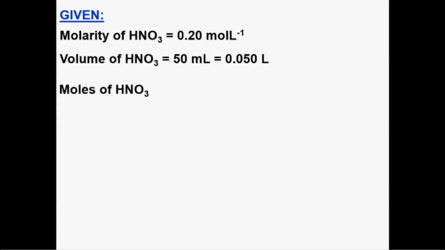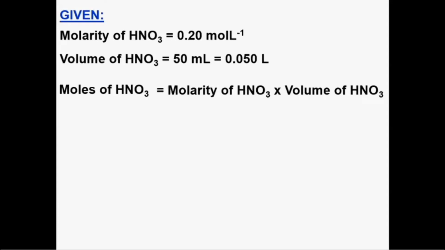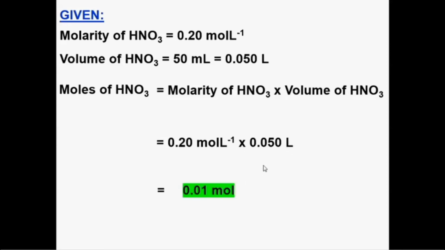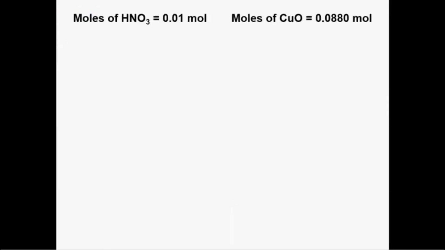Using the formula, moles of nitric acid equals molarity of nitric acid multiplied by the volume of nitric acid, we get 0.2 mole per liter times 0.05 liters, and this is the moles of nitric acid used in the reaction, 0.01 mole. Now we have the 2 numbers of moles: moles of nitric acid and moles of copper 2 oxide used in this reaction.